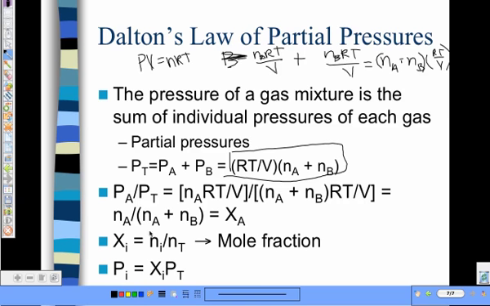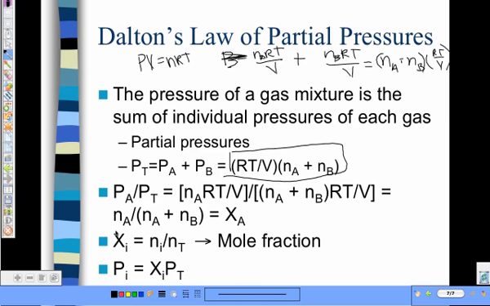But when we take the number of moles of gas 1, gas A, and divide it by the total number of moles in the gas mixture, whatever it is, that is called the mole fraction XA, the mole fraction for A. So what we call this is Xi, and i just stands for whichever gas it is.